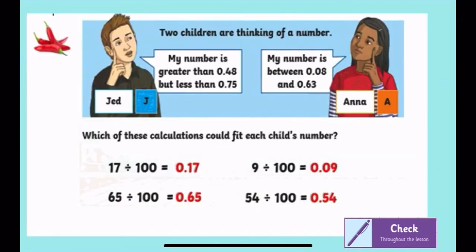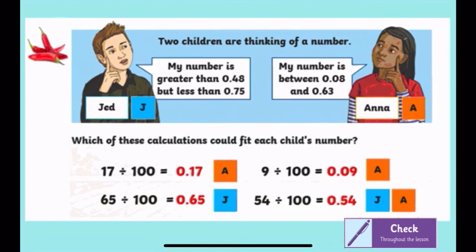And Chili 3. So first of all, this is the first part of the answer sheet for Chili 3. So we've had to work out these calculations here. And then we've got to work out which of these calculations could fit each child's number. So let's have a little look. 17 divided by 100 is 0.17.